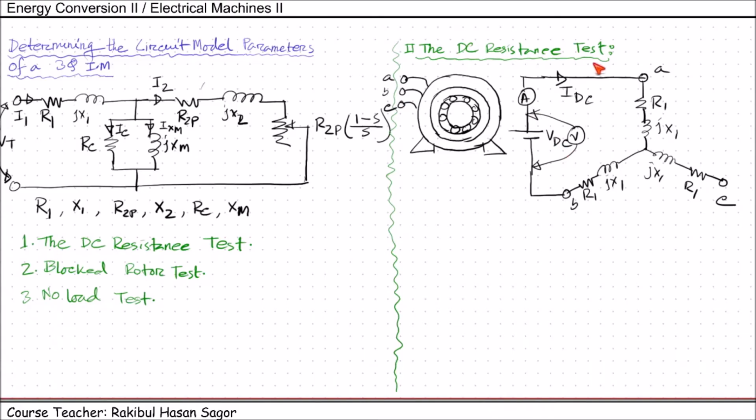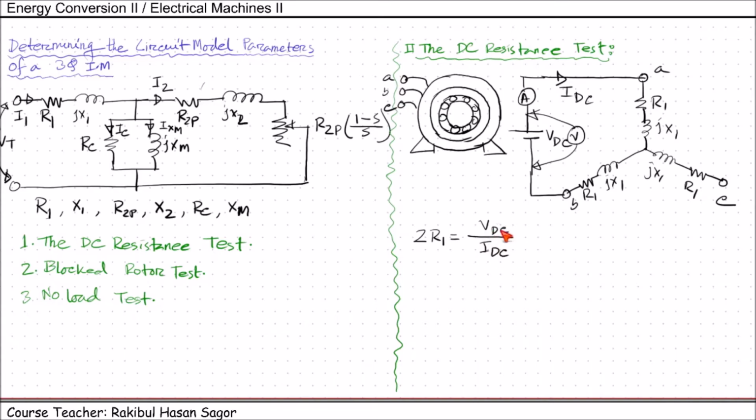Now when we apply some voltage here, as we are applying DC voltage, this inductance will have no effect. And this R1 and R1 are connected in series, so we get twice R1 equal to VDC over IDC.